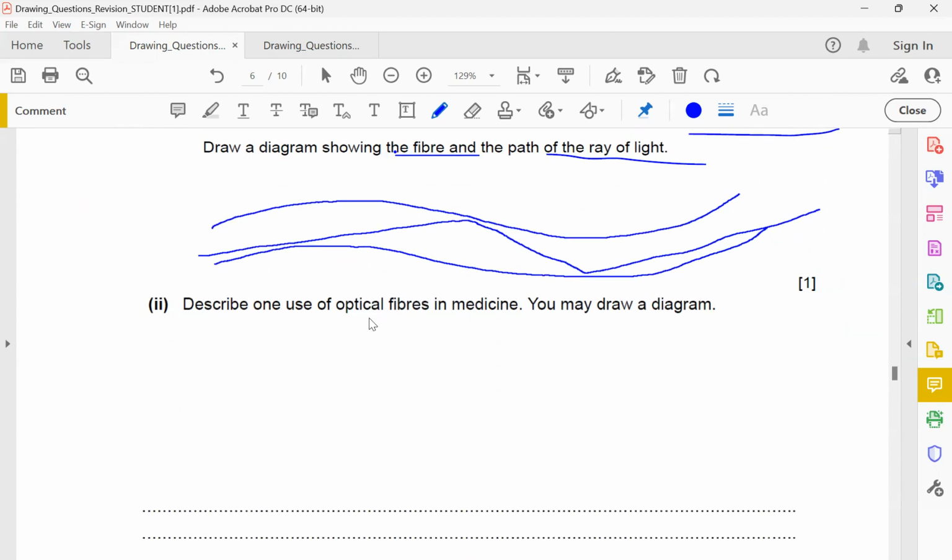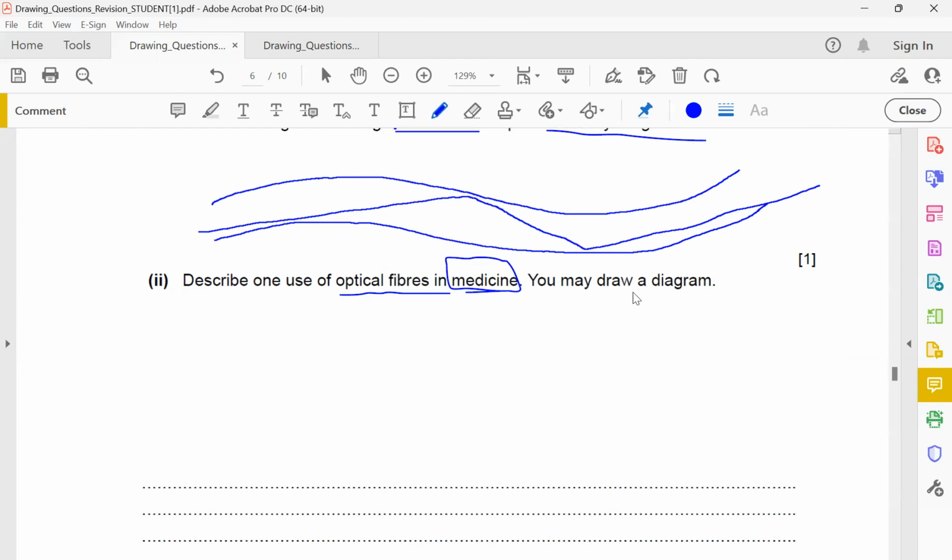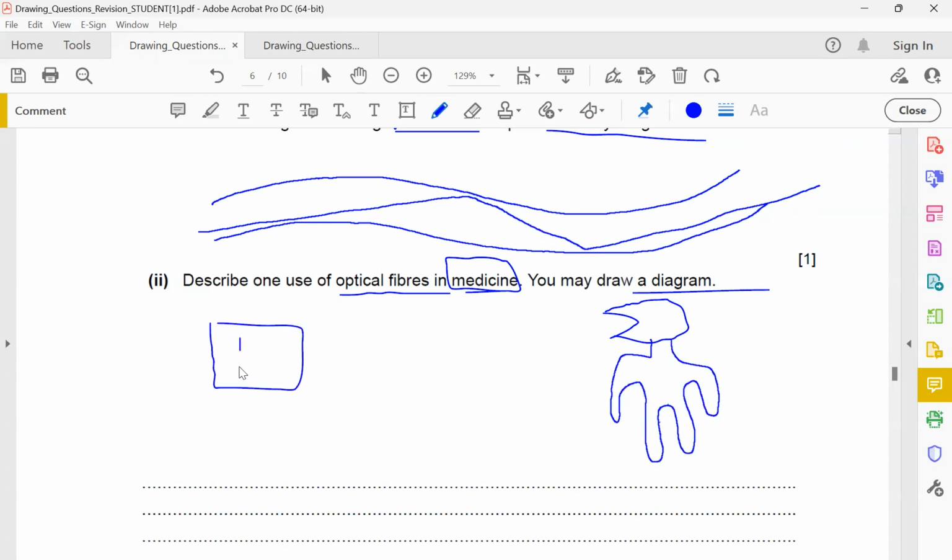And in this question here, they say describe one use of optical fiber in medicine. This one for sure is going to be endoscopes, and you may draw a diagram. I've told you guys before, right? If you want to draw a diagram, you could start off with drawing the stupid Pac-Man. The stupid Pac-Man guy, right? And then you can draw his legs and arms and everything here. You can draw a monitor.